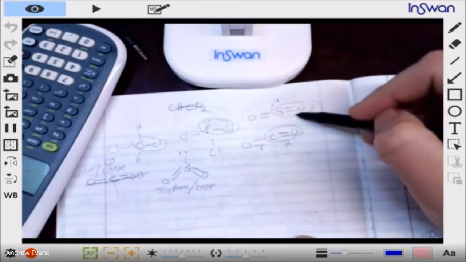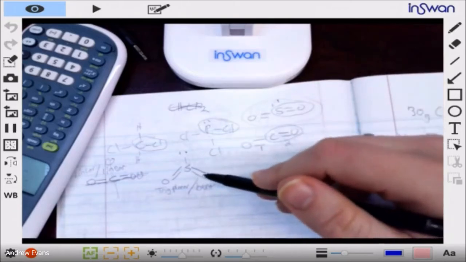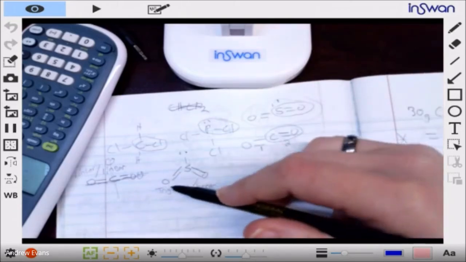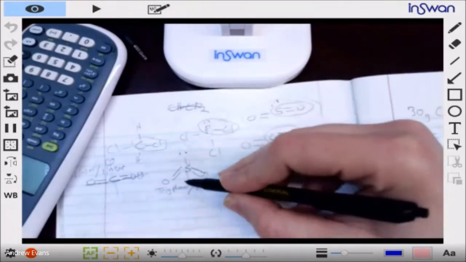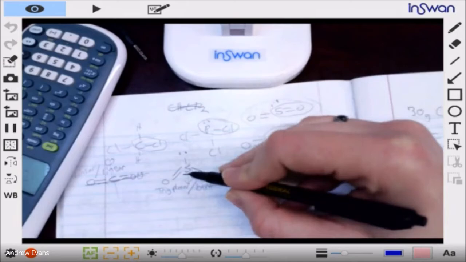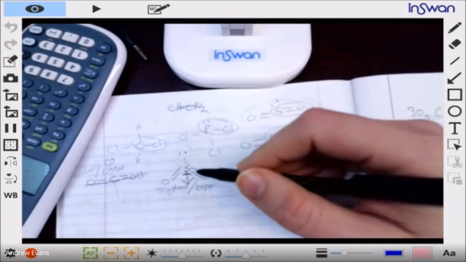Drawing it like this, it looks like they would cancel out. But drawing it like its true VSEPR model, we see this oxygen and this oxygen both pull down. So we have a net dipole of down between the two oxygens.